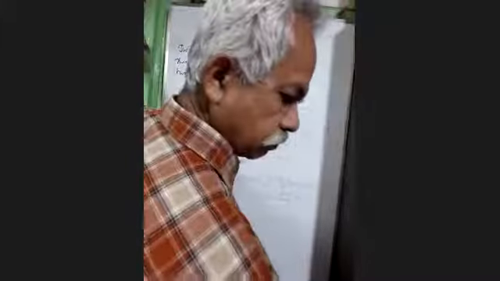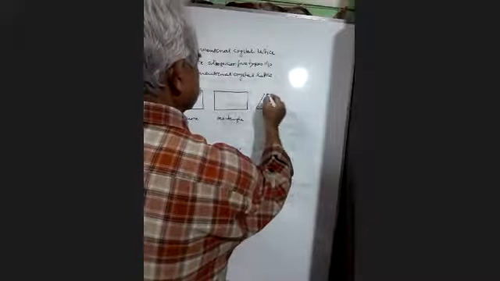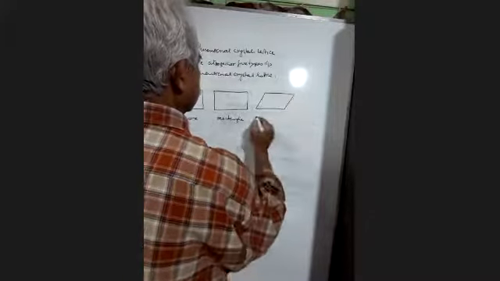Okay, what are those? Again, if my drawings are not nice, you will tell me. What do you call it? Square. What do you call it? Rectangle. Okay. What do you call this one?